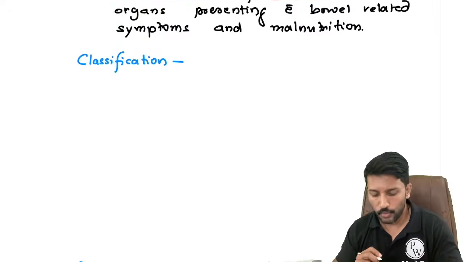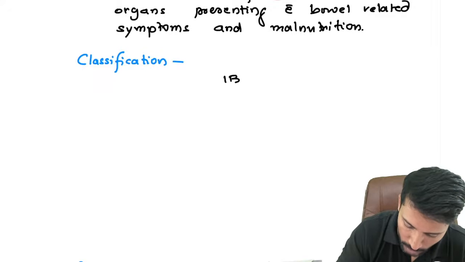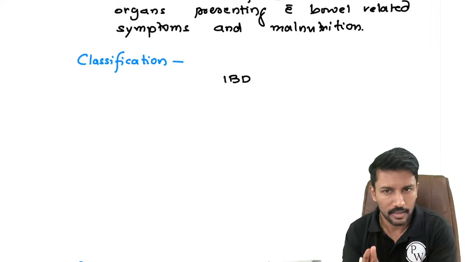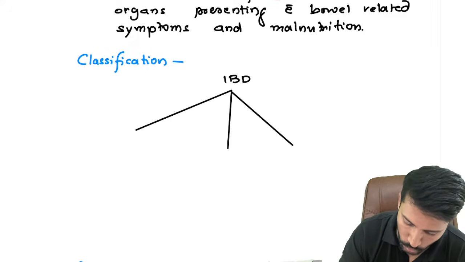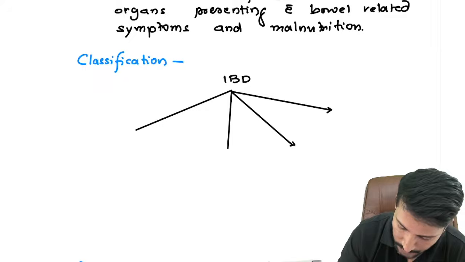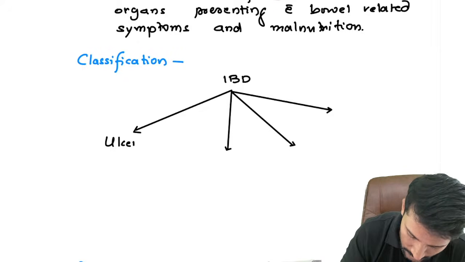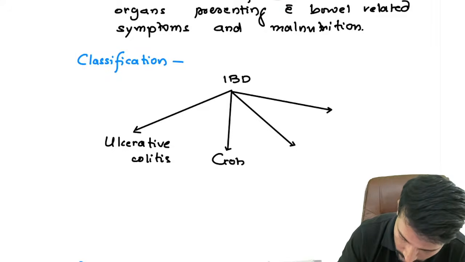Okay. Now, how do I classify IBD? IBD is of many types. For an undergraduate student, of course, two are important, which is ulcerative colitis and Crohn's disease. But you should also write the other two, not so common, but still just for the sake of completion. So first we will mention ulcerative colitis. Second is Crohn's disease.